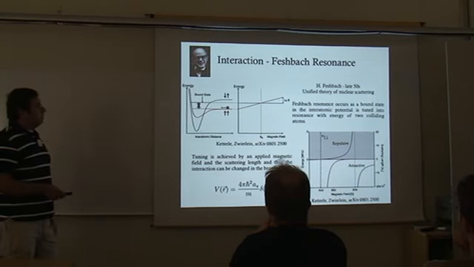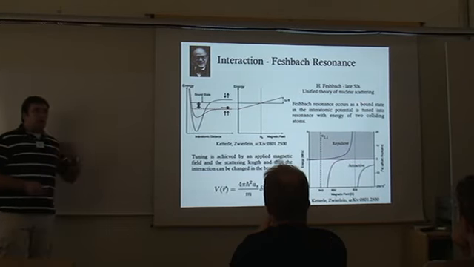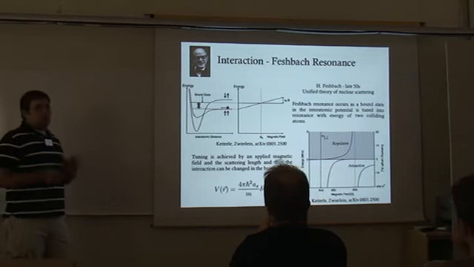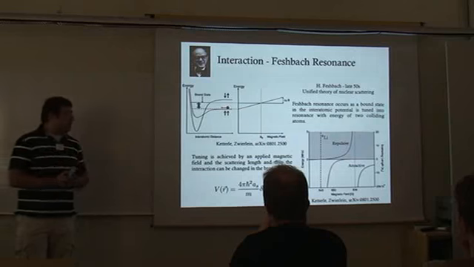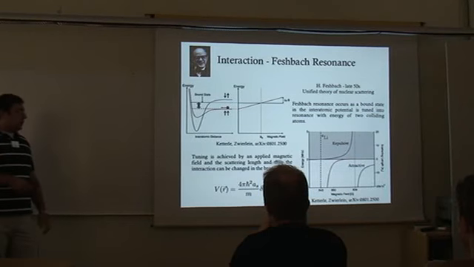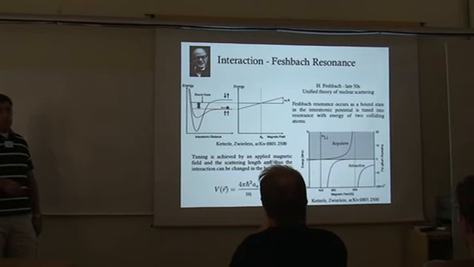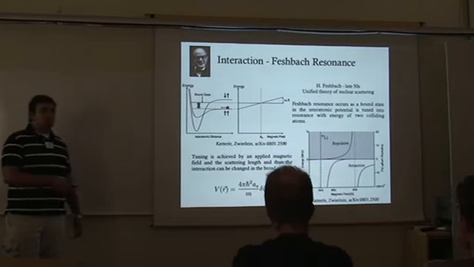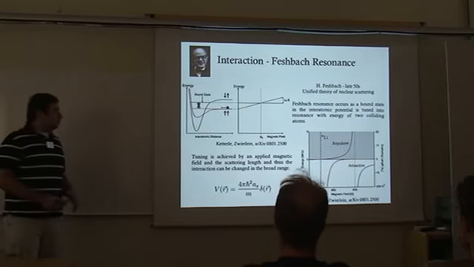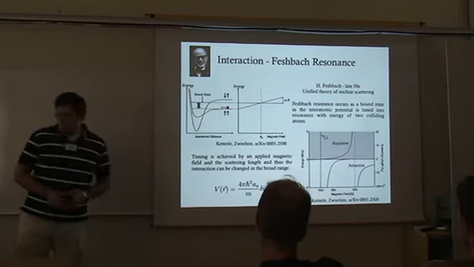And if one is interested in low density and low energy situations, one can approximate the interaction potential between particles as a contact interaction in the S-wave regime with this kind of pseudo-potential, where only one parameter is relevant, which is the scattering length, and this is tuned by magnetic field. So as you can see, effectively the interaction can be either positive or negative, depending on the magnetic field applied. So this will be very important, that it is possible to tune.